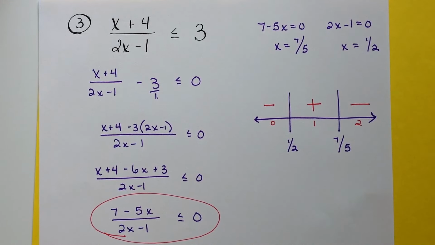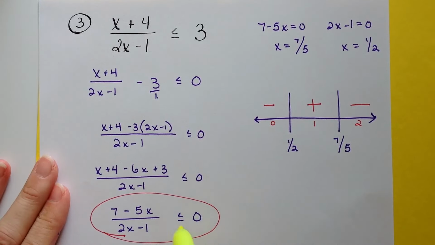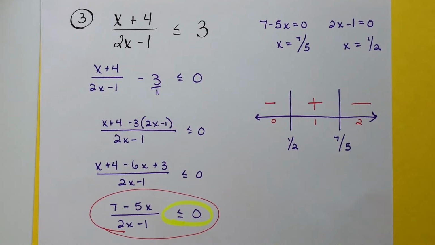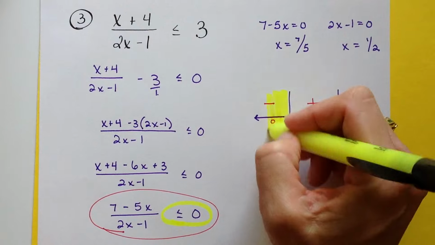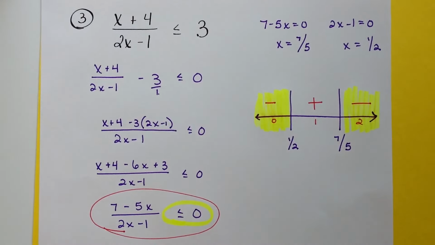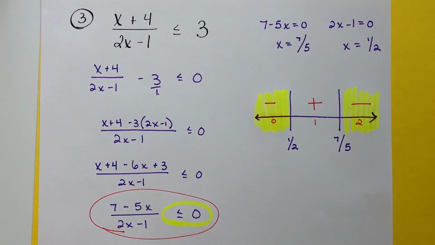Okay, this time, look at your inequality. We have less than or equal to 0. So the less than tells me to go to the negative section. Now, this time, since I have the line underneath the inequality, typically you would think brackets, but remember, do not include the value that comes from your denominator, which is the 1/2.